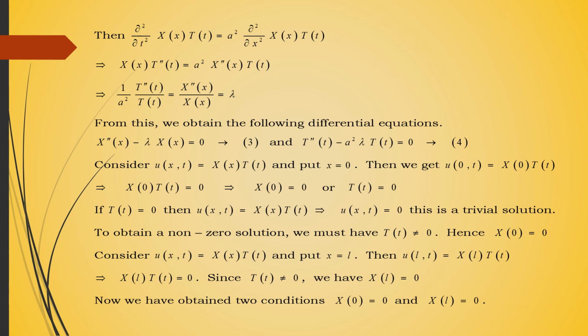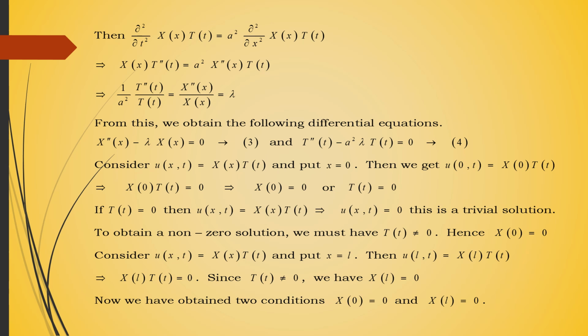On the RHS, we have to differentiate X of x T of t partially with respect to the space variable x twice. So the RHS becomes a square X double dash of x T of t. So the one-dimensional wave equation becomes X of x T double dash of t equals a square X double dash of x T of t.